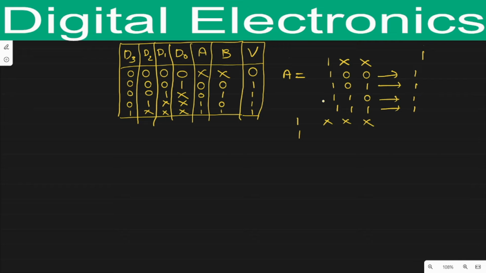If I represent these in terms of 0 and 1, we can write 0 0 0, then 0 0 1, then 0 1 0, then 0 1 1, then 1 0 0, then 1 0 1, then 1 1 0, and at last 1 1 1.